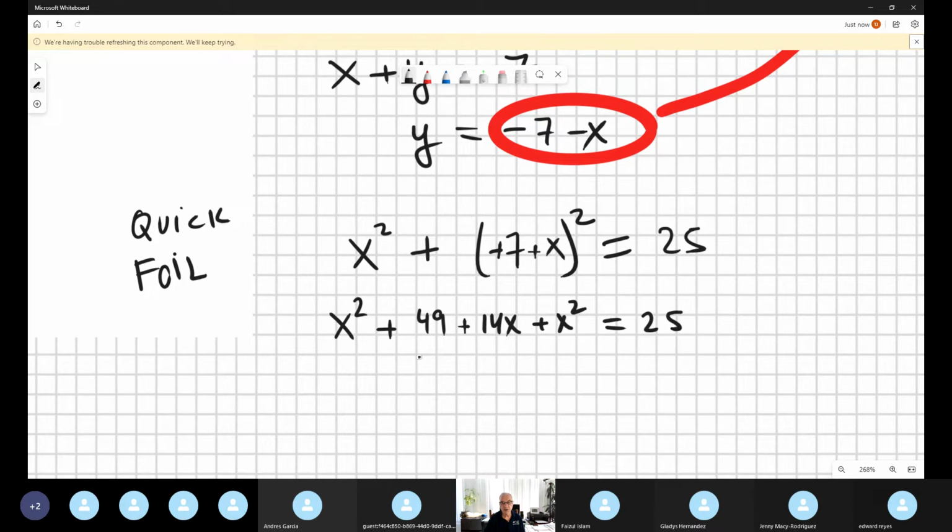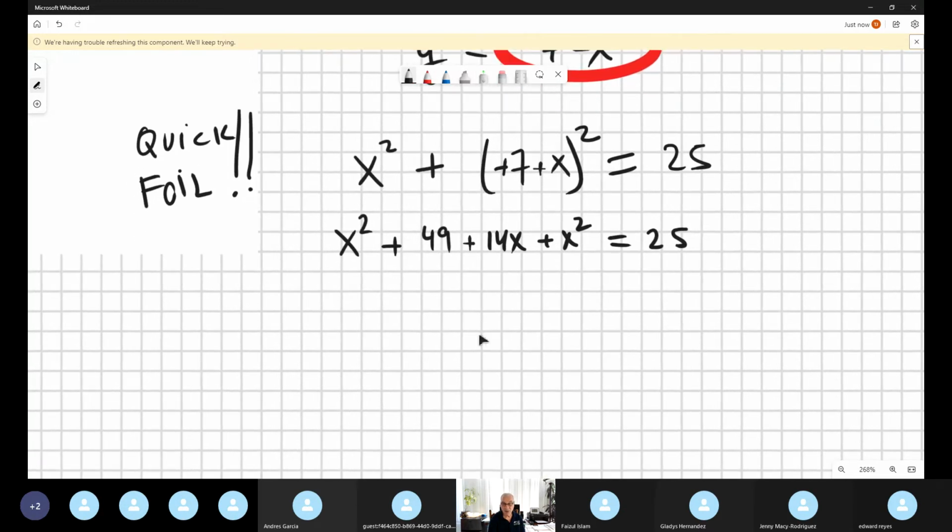Any questions so far? Do you understand the quick foil? Yes or no? Yes. Okay, now combine like terms. This looks like a quadratic equation, no? You combine and put 2x squared plus 14x.